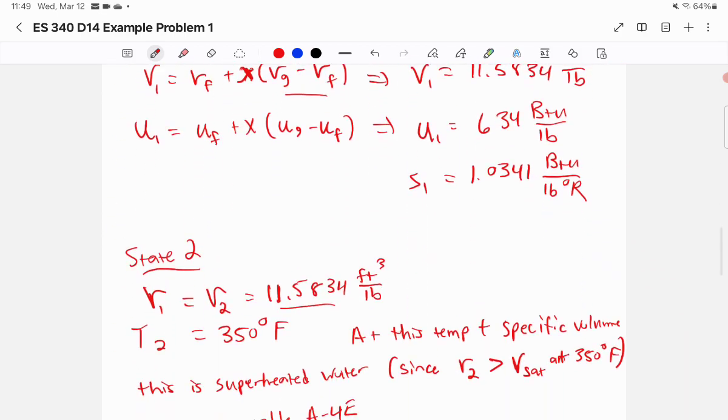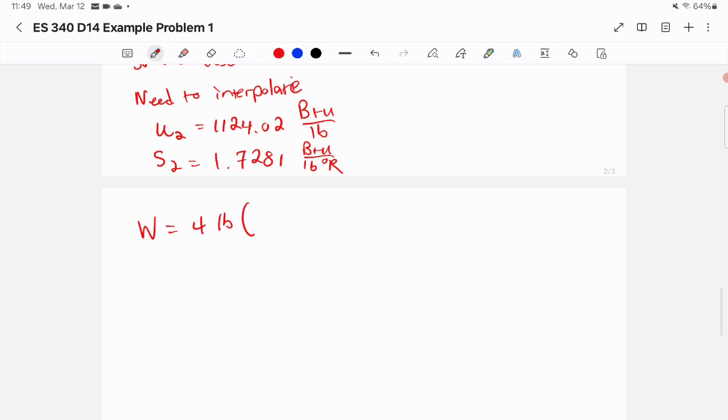Here we go, 634 BTU per pound, minus U2, which is 1124.02 BTU per pound.